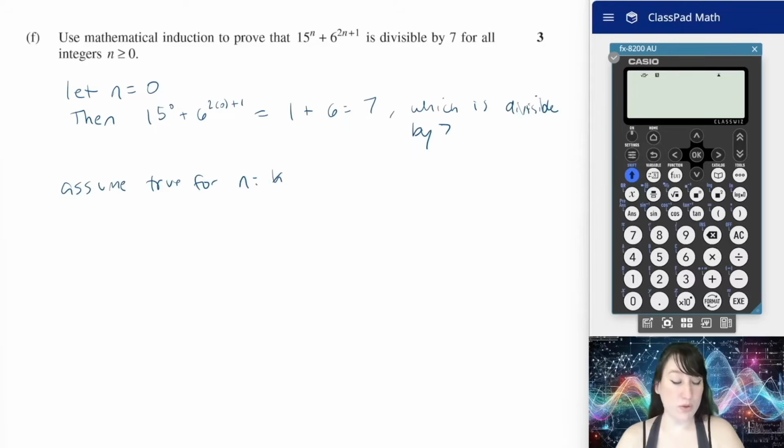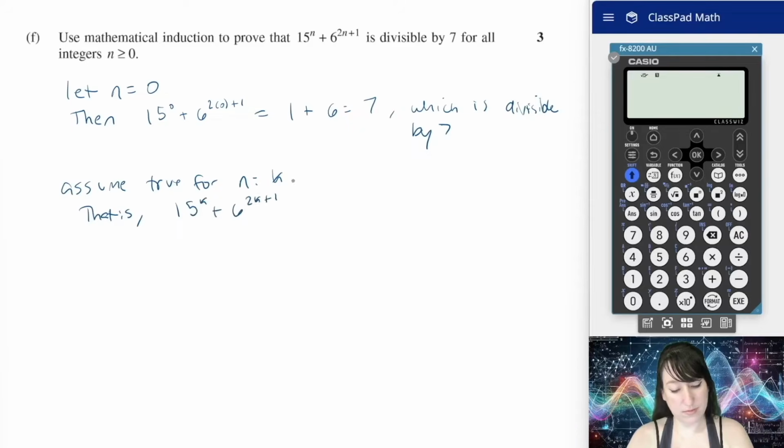Next, we assume it's true for some n equal to k. Now, in divisibility proofs, what you want to do is set the expression equal to 7 times an integer, which is another way of saying that it's divisible by 7.